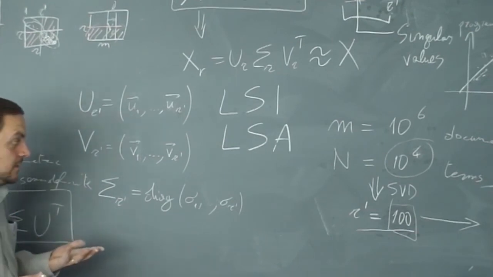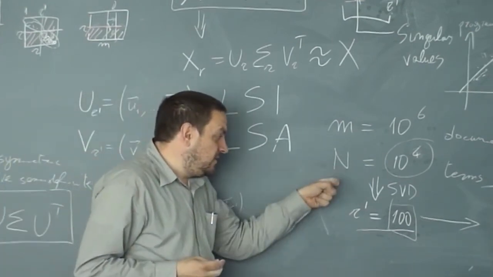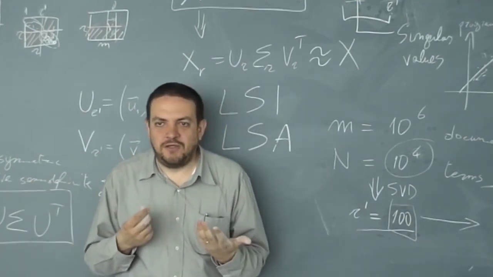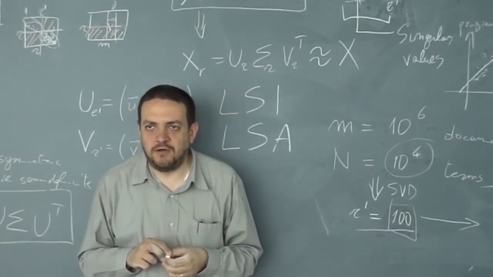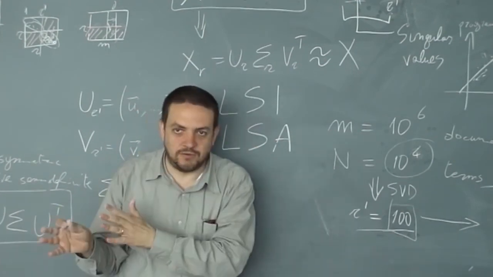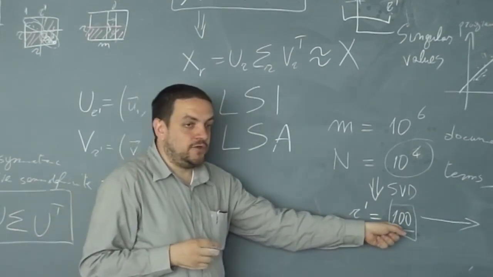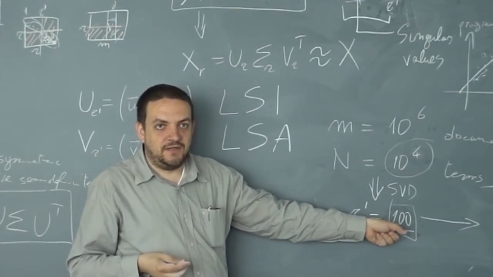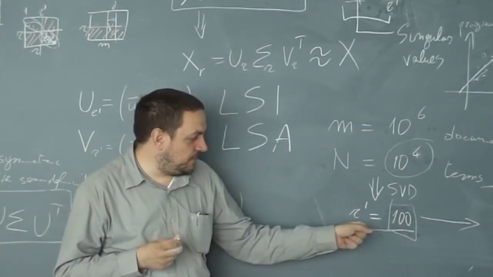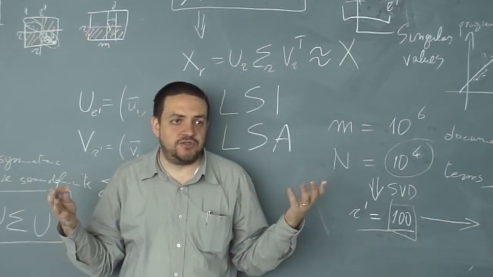Of course, when you speak of topics of documents, you're usually thinking of things like cars, politics, and so on. In this case, you're not guaranteed that the topics will be understandable. The topics come out as linear combinations of words.